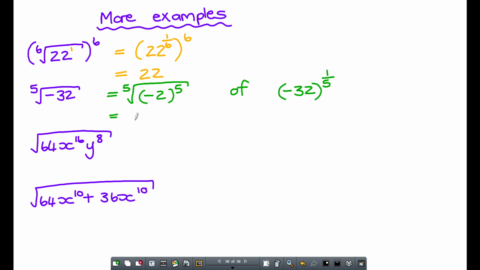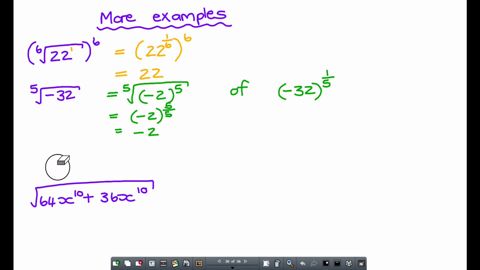So then I'll say minus 2, and then the exponent on the inside divided by the exponent on the outside, so 5 over 5, which is 1. And it comes back to minus 2. You guys good with that?